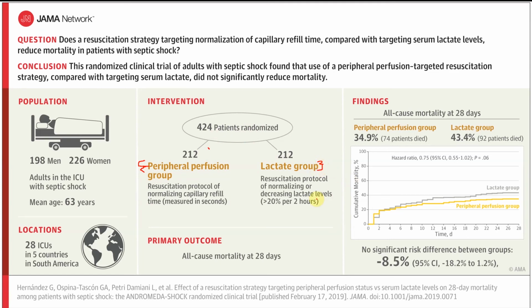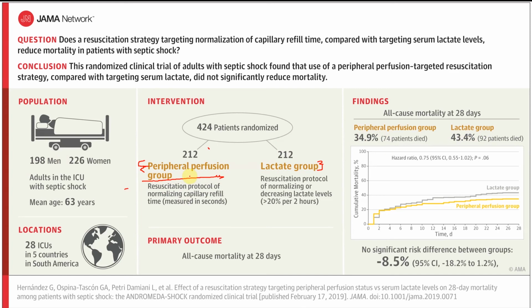And what they found was that the patients who were resuscitated based on their peripheral perfusion did better, so fewer patients died. The mortality in this group was 34.9%, and the mortality in this group was 43.4%. Even more interesting is that the patients in the peripheral perfusion group were resuscitated based on fluid responsiveness.